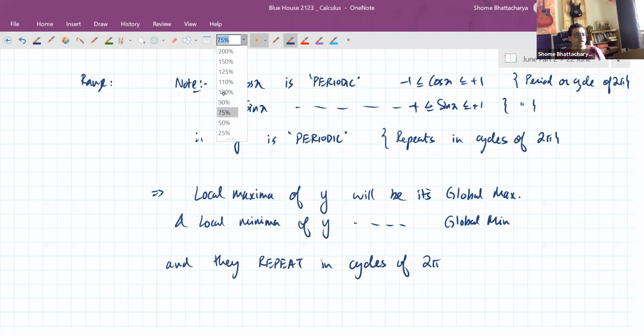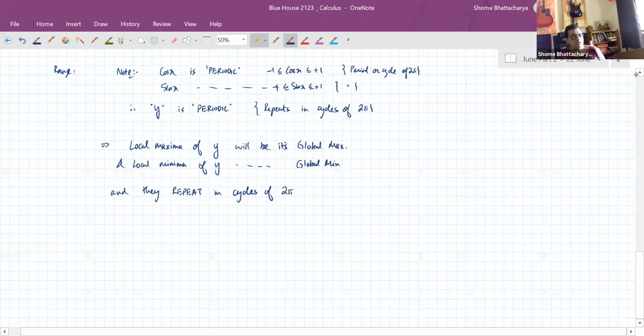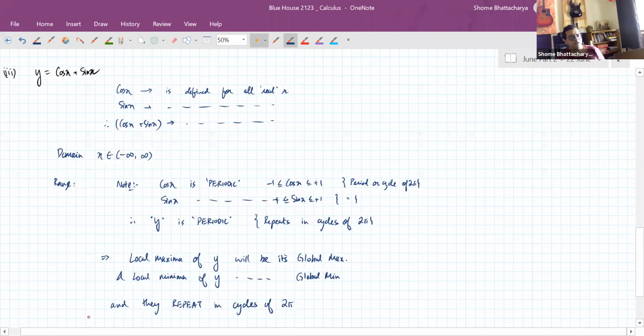So all we need to do to calculate global maxima and minima is find the local maxima and minima in one cycle of 0 to 2 pi. Hence, to find the range, we just need to see the local maxima for one cycle, that is x belonging between 0 and 2 pi. So that is one effective method we can go with.